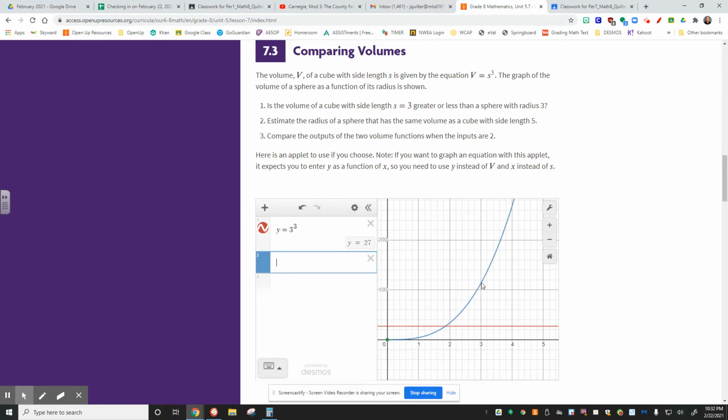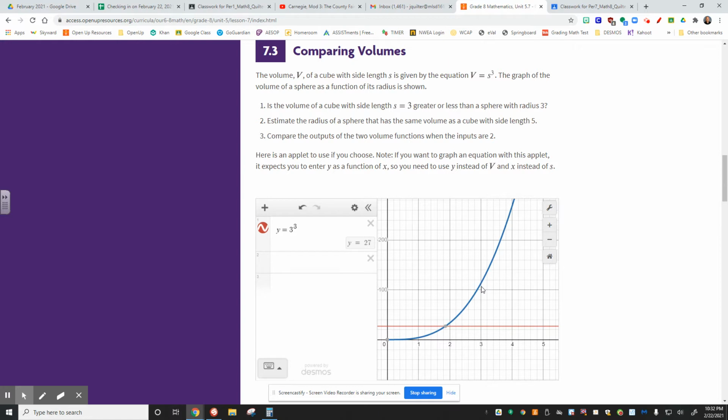And we recognize that when the radius is 3, the volume of that sphere is actually over 100 cubic units. And so that volume is quite a lot greater. So no, the volume of a cube with side length 3 is definitely much, much less than the sphere.